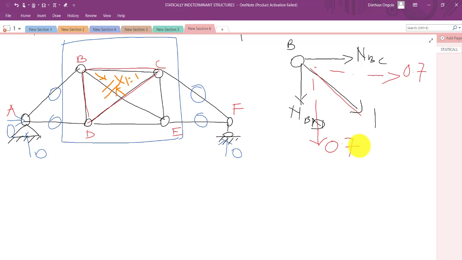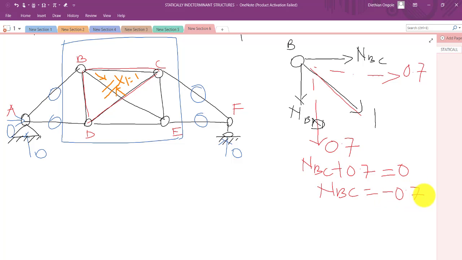After doing that, we find our N BC by summing the forces in the x direction. N BC plus 0.7 is supposed to be equal to 0. Therefore, N BC is equal to negative 0.7.